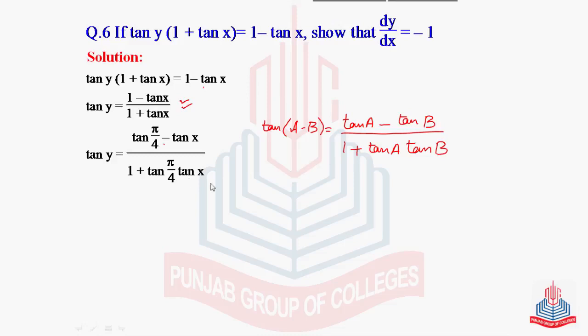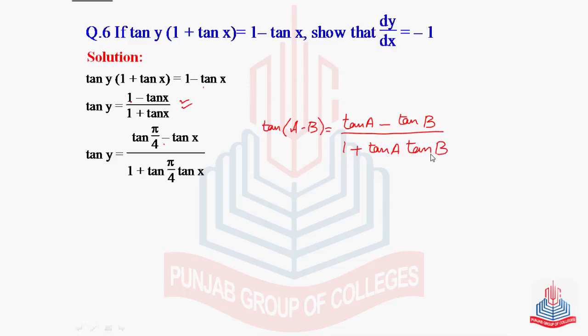Again, you can see this tan x will be as it is. We just write tan π/4 instead of this 1. So this is just a completion of the formula: tan a minus tan b in the numerator, and in the denominator we have 1 as it is, plus, to complete this result, we have to write two tan functions.